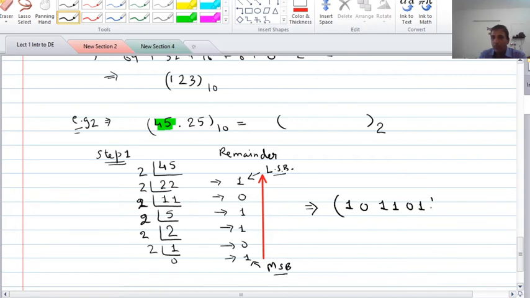Okay, so this is for only 45 and still we have left behind 0.25. So we have to continue in the next step.